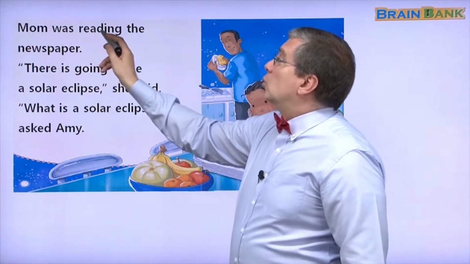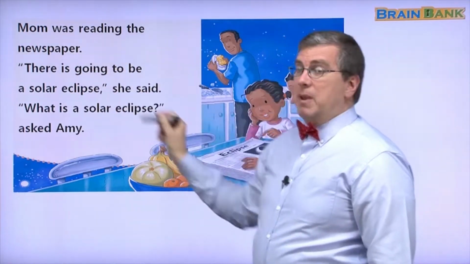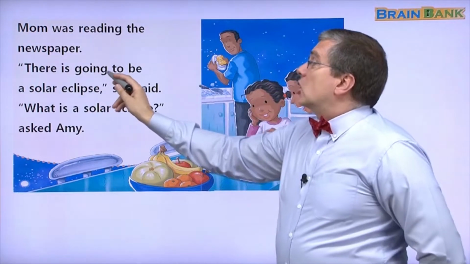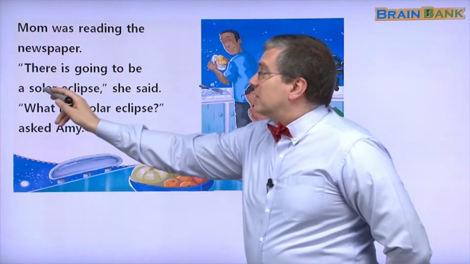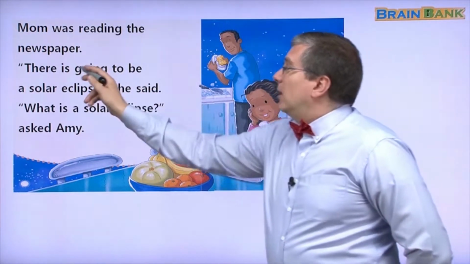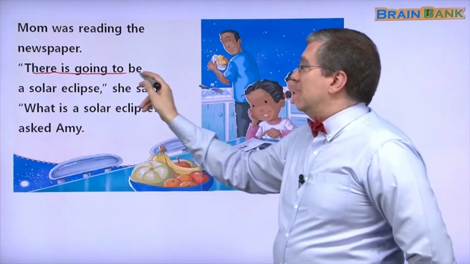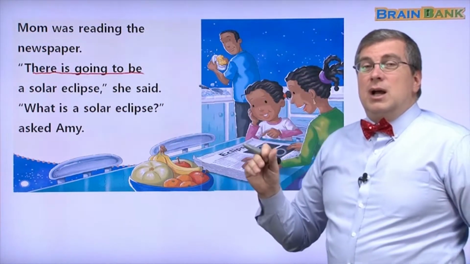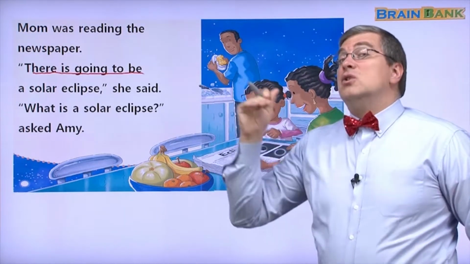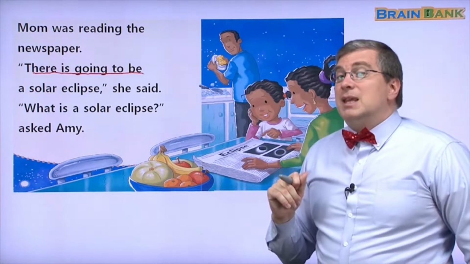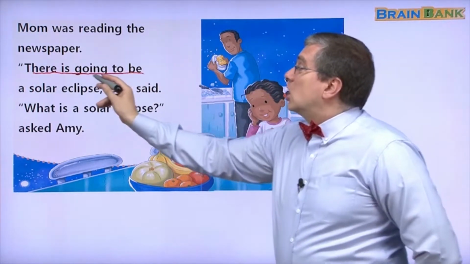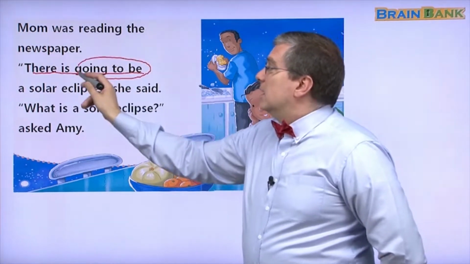Mom was reading the newspaper. There is going to be a solar eclipse, she said. There is going to be. Okay. So in the future, maybe tonight, maybe tomorrow, there is going to be.